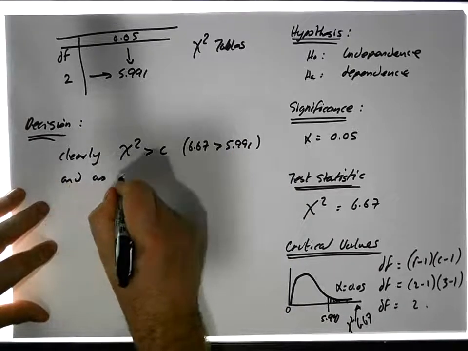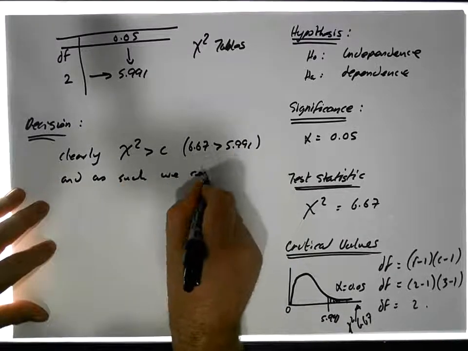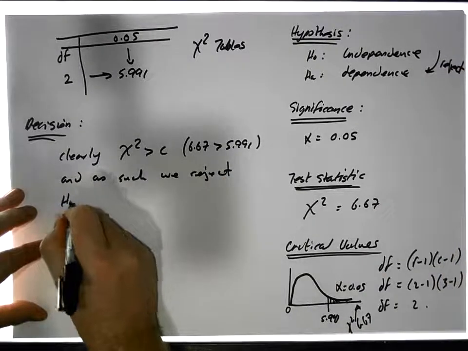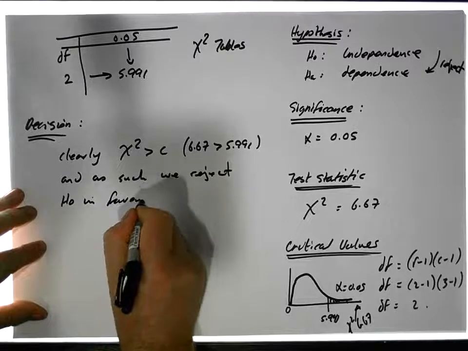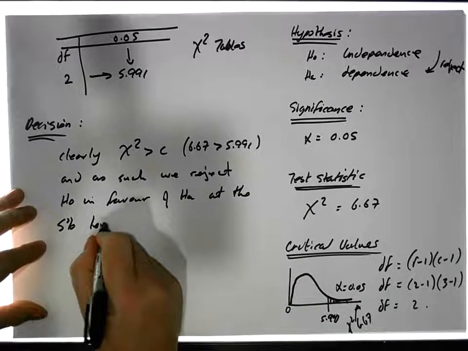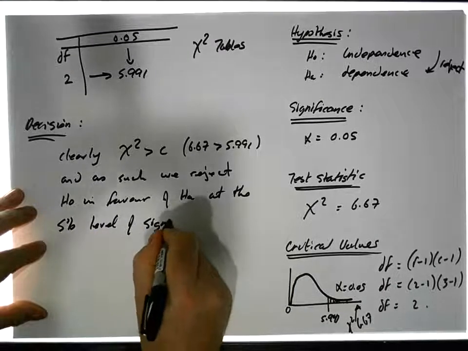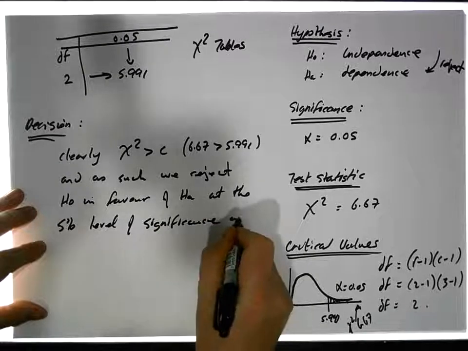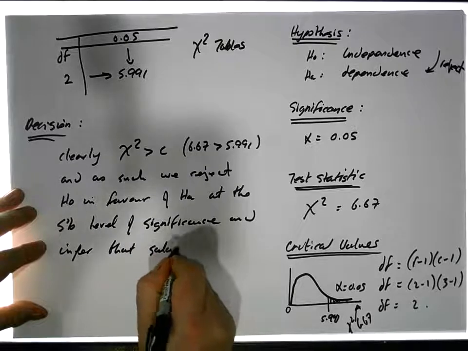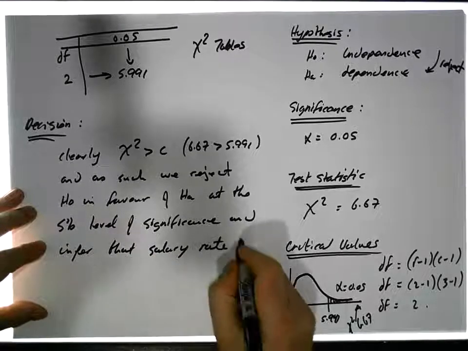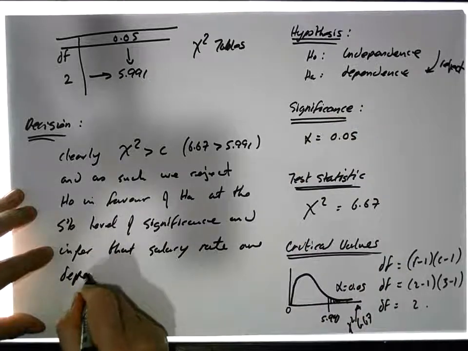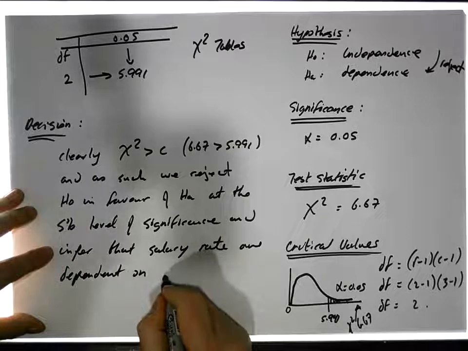And as such, we reject H0 in favor of HA at the 5% level of significance. And we now infer that salaries, hourly rates, are dependent on your gender.